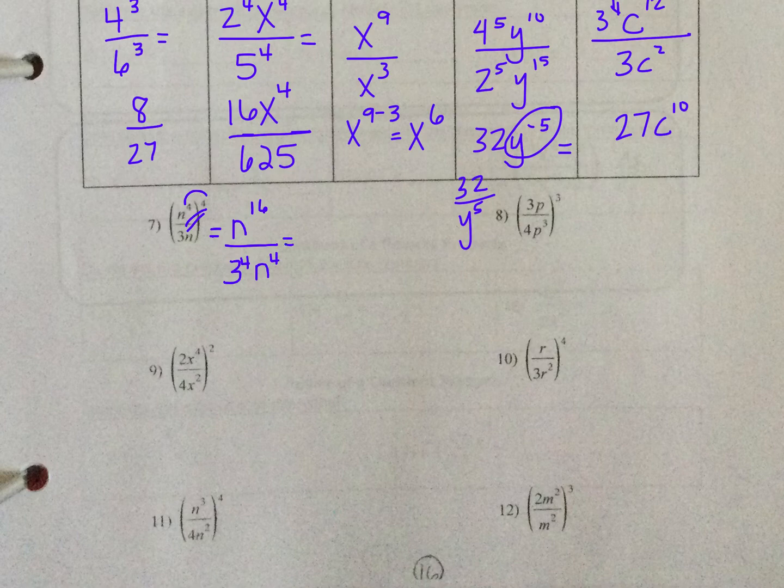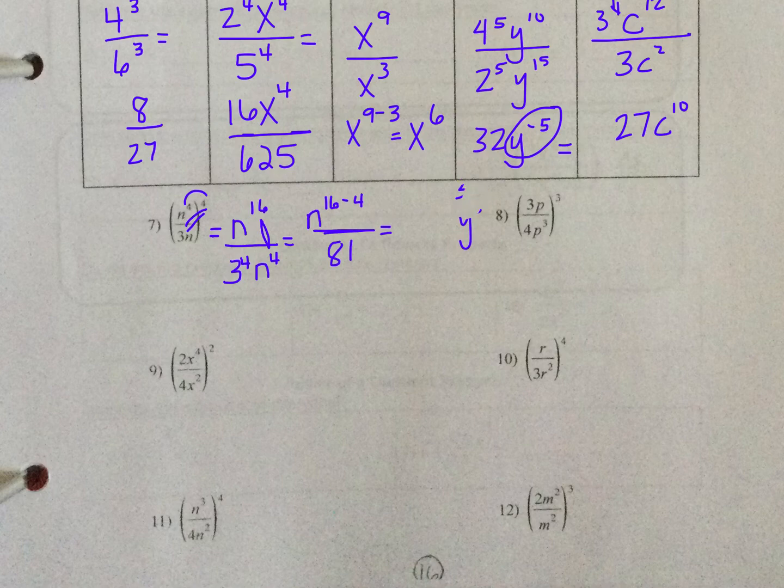Now, 3 to the 4th, well, let me do this. 16 minus 4, because I'm putting these guys together. And the 3 to the 4th has to stay at the bottom. 3 to the 4th is 81.